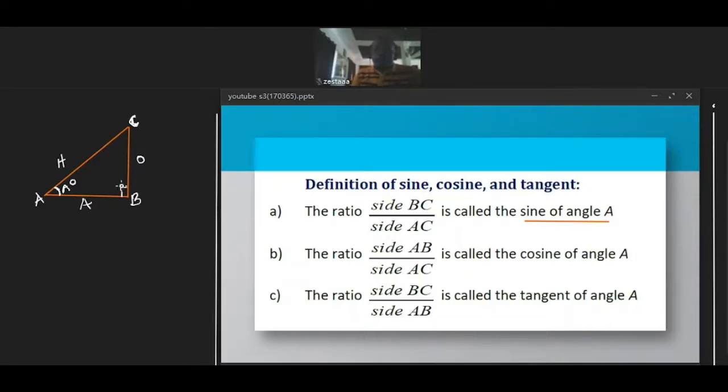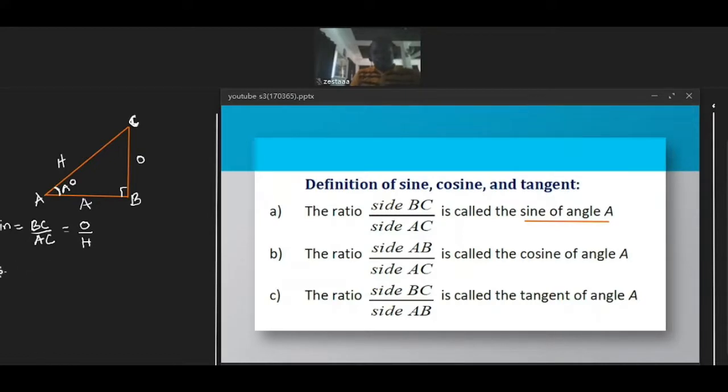So our sine is equal to the ratio of BC out of AC, which is this. This is the same as saying the opposite over the hypotenuse gives us the sine.